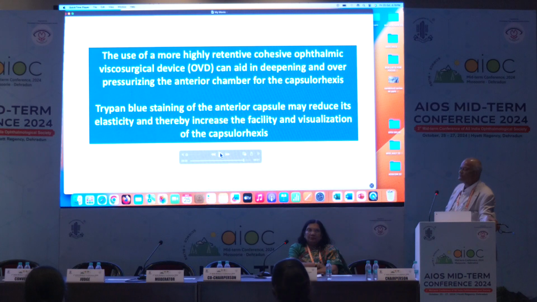And the trypan blue stain, though the patient is having the glow, use trypan blue. Why am I telling you about trypan blue? Trypan blue not only has the staining capacity, it also has the capacity of weakening the capsule. Now when?